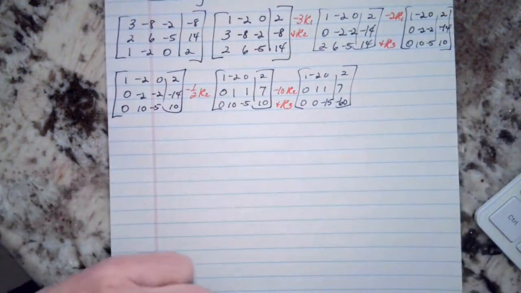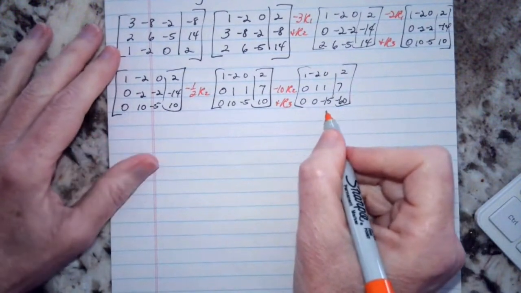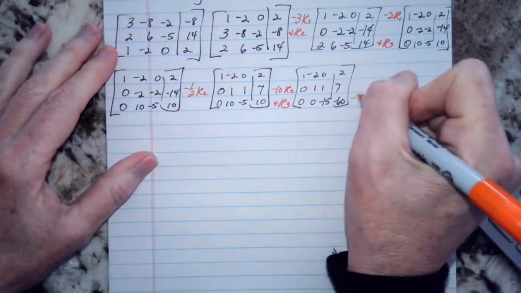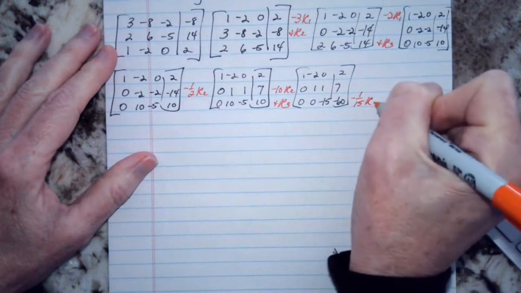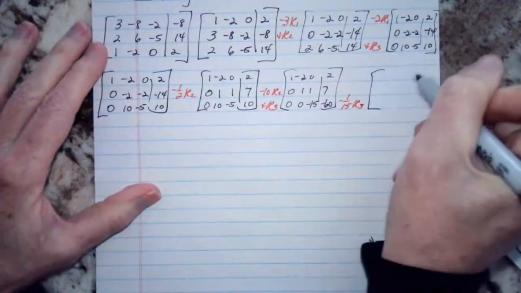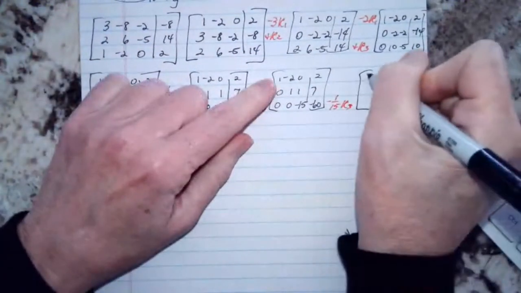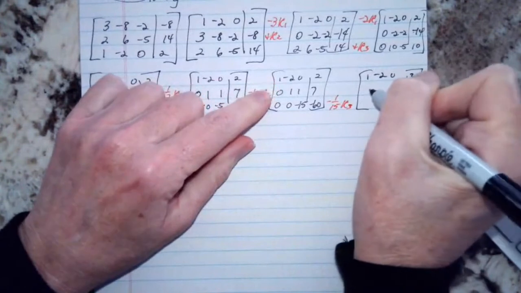Creating a 1 is a one-step process. You multiply this guy times his reciprocal. So I'm going to multiply negative 1/15 times row 3. I'm changing row 3, so these others will stay the same.